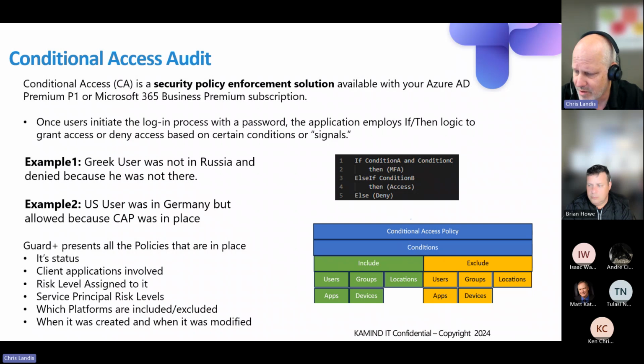It shows you all the policies in one view, and not just from top down, but you can look at regions, locations, groups, and users and see who's got what policy so you protect yourself better. It covers client applications, risk levels, service principals, which platforms are included or excluded, and it'll show you when it was modified or created.